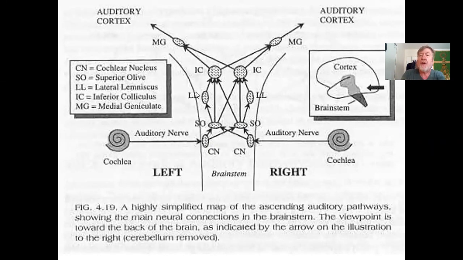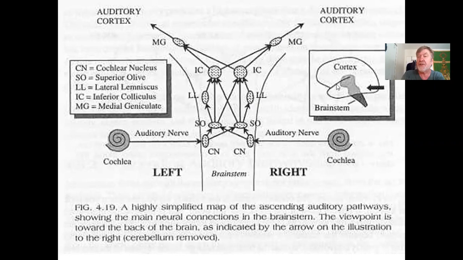Then higher up, another pair of nuclei called the lateral lemniscus. Higher up, another pair of nuclei called the inferior colliculus. And then you're leaving the brain stem and getting to what we call the thalamus, medial geniculate bodies. And then off to the right and left auditory cortex.